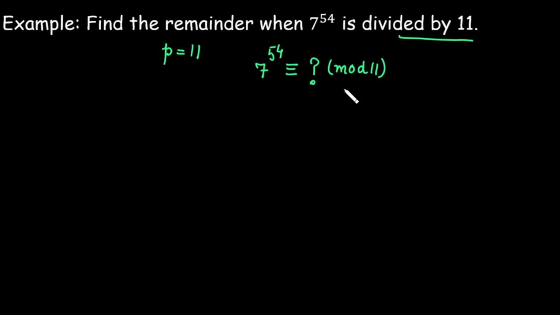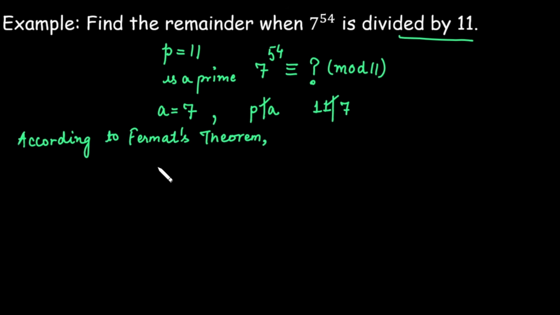Can we apply Fermat's theorem in this case? As P is 11, which is a prime number, and A is 7. Now we just need to check whether P divides A, or we can say that 11 divides 7. No. So P does not divide A. It means we can apply Fermat's theorem.